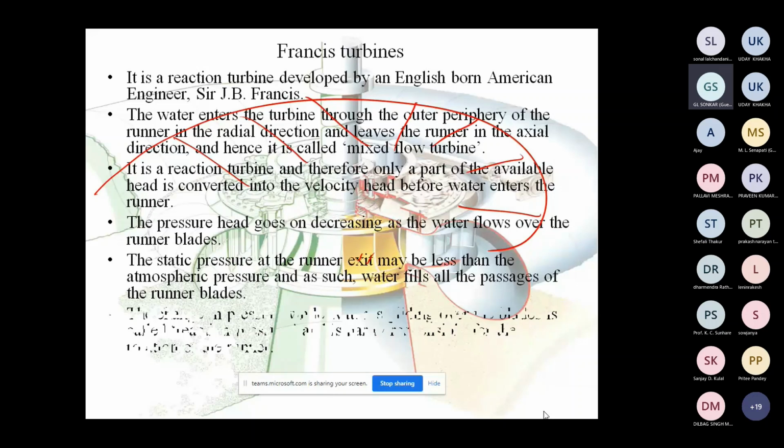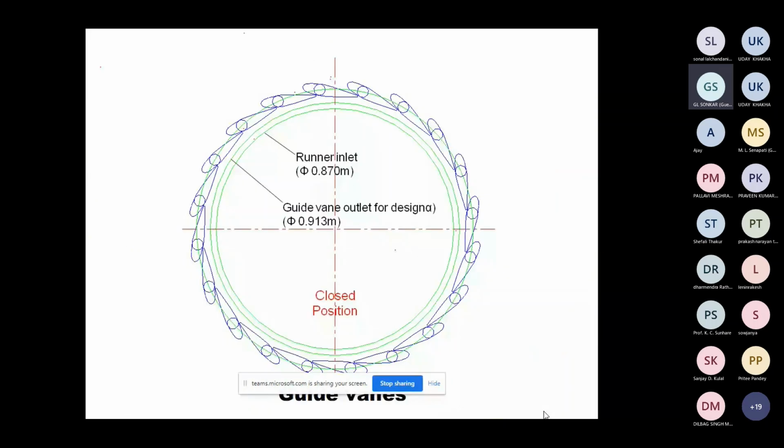And see how this is the closed position of the guide vanes. You can see from here that is the runner inlet, and how the guide vanes are closed. This is the closed position, and you see this is my open position. Get clear? This is closed, and they are operating. The tails of the guide vanes will be close together.